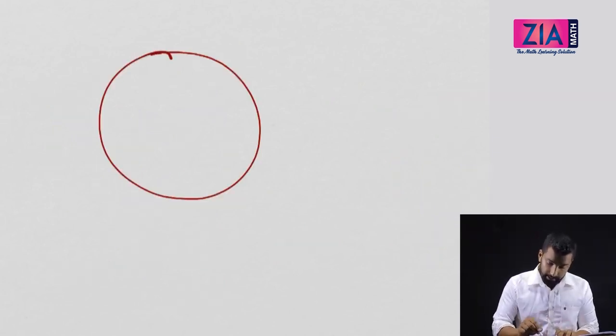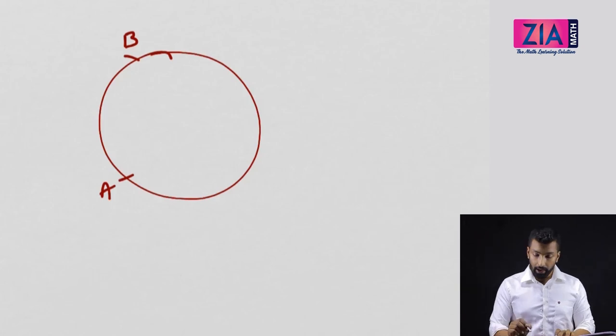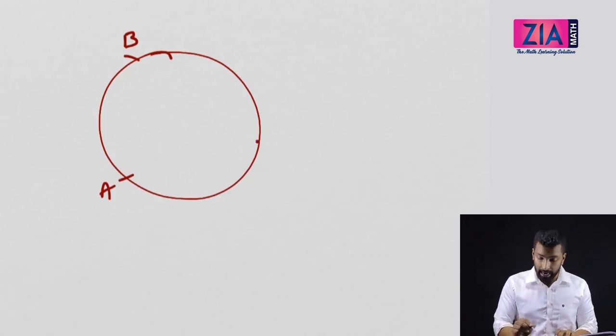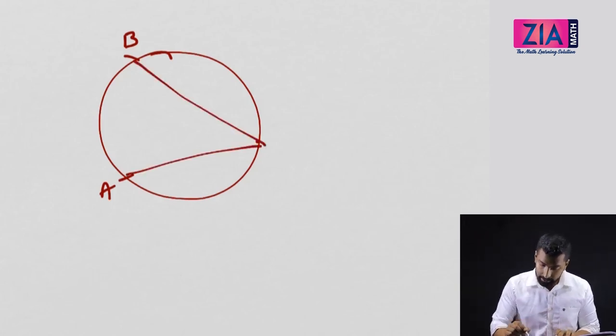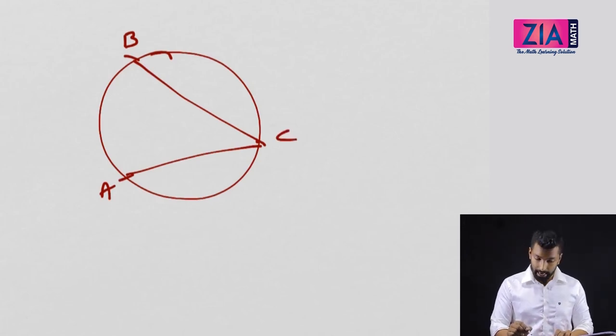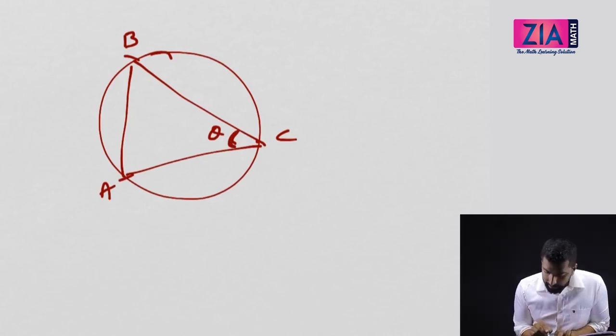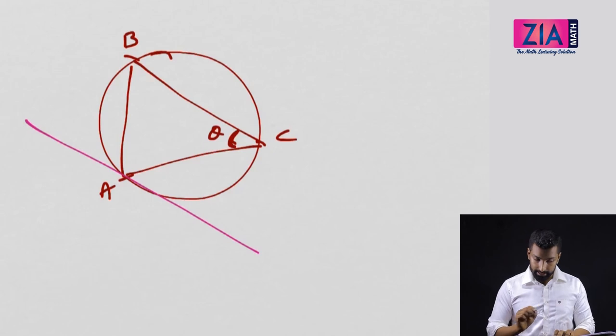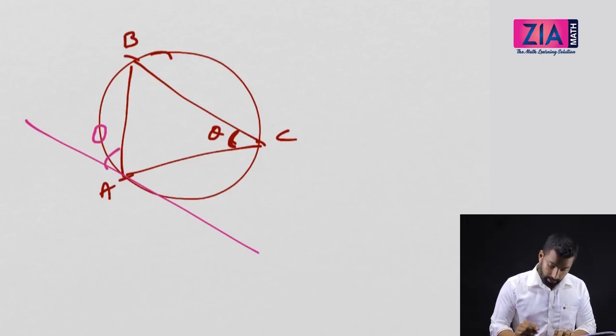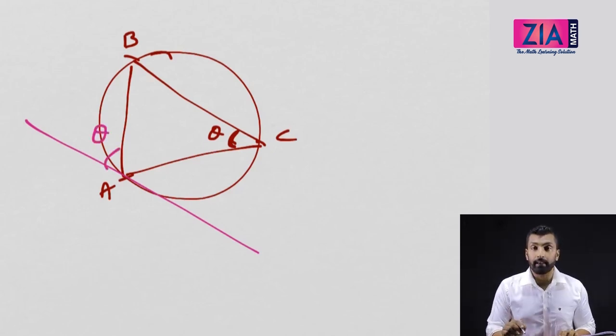Now another property is, let's take the same situation, AB. Okay, AB is the minor arc again. Now let's take another angle inscribed in the arc. Okay, let's take this C. There's an angle inscribed in the arc. Let's mark it as theta. So this angle is theta. Now if you draw a tangent touching this point, this angle will be theta, and this is what we call the tangent secant theorem or secant tangent theorem.